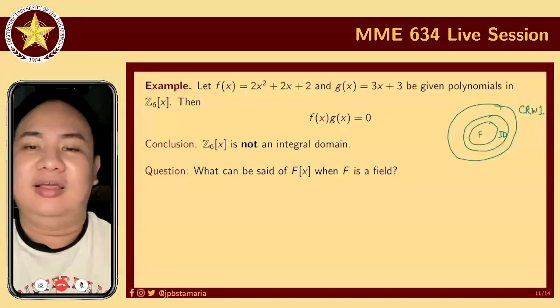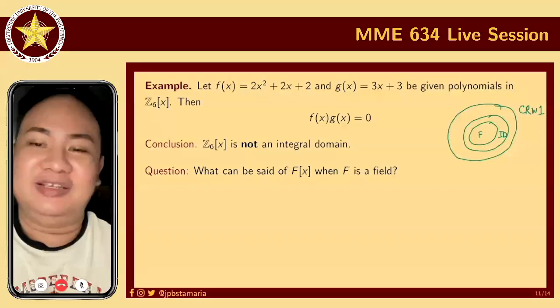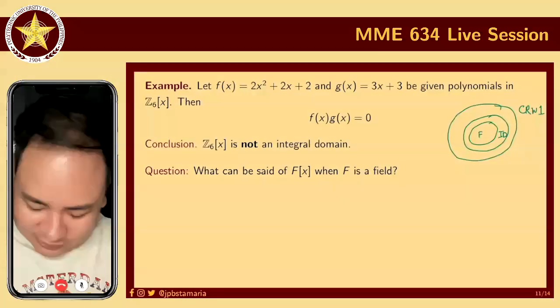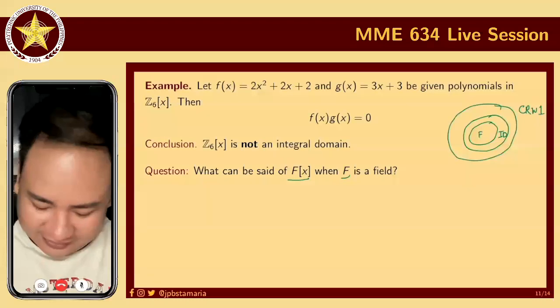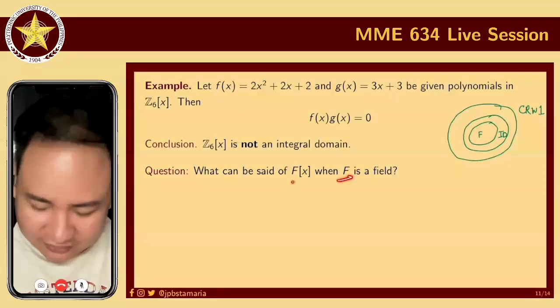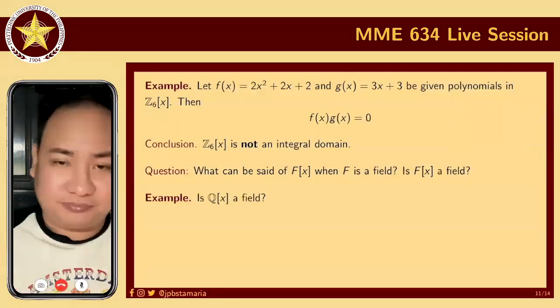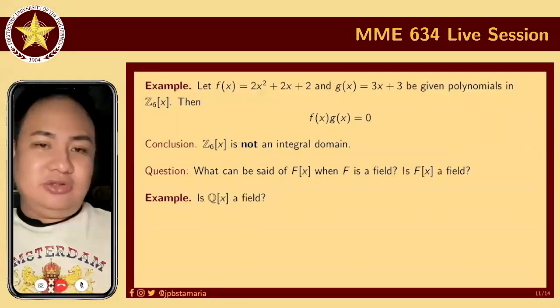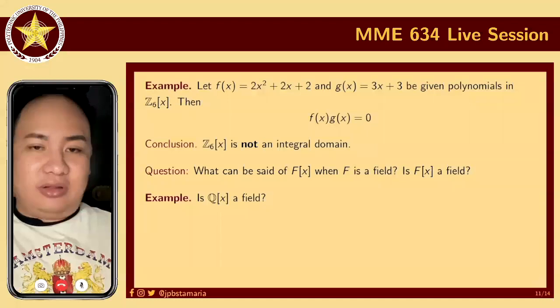Ano masasabi natin sa F[x]? Field din ba siya? Kasi kapag kanina, pag integral domain to, di ba? Ganun yung kanina eh. Inaasahan ba natin na kapag field ito na field din ito? Look at this example. Let's look at the field Q of rational numbers.